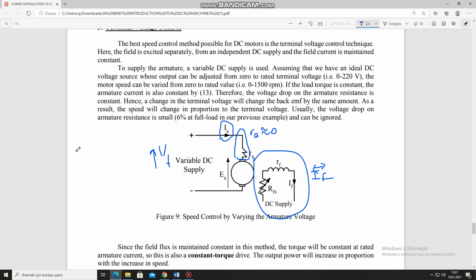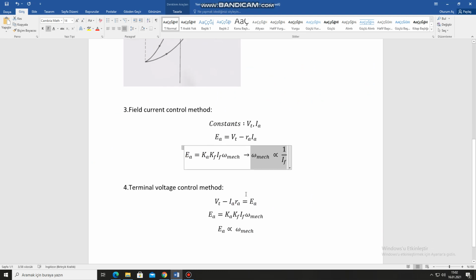So we can write this equation for motoring mode: V_T minus I_A times R_A equals E_A, right? Even if we don't disregard this term as zero, the drop will be very small. So when you decrease V_T or increase V_T, E_A will directly change in the same manner. What we did was decrease V_T and observe E_A. Let's go on with my notes again.